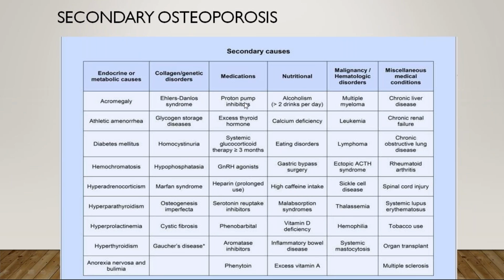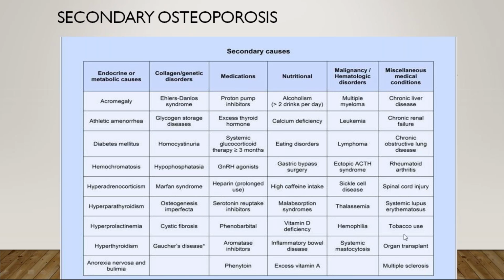Even proton pump inhibitors, if you use them as long-term medication, will lead to osteoporosis. And calcium deficiencies and Ehlers-Danlos syndrome, collagen diseases, that is glycogen storage, homocystinuria, Marfan syndrome, osteogenesis imperfecta, and some malignancies like lymphoma, leukemias, multiple myeloma, sickle cell disease, and any organ failure, that is liver failure or renal failure, and tobacco use.